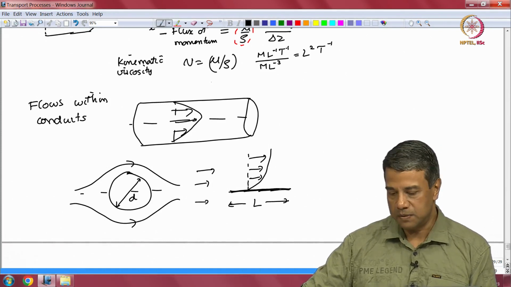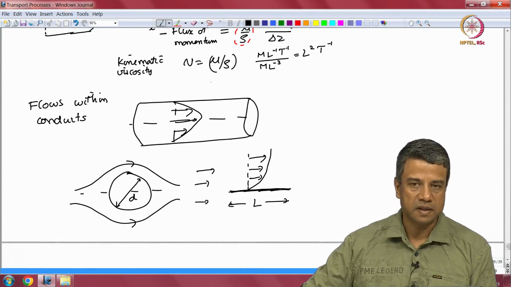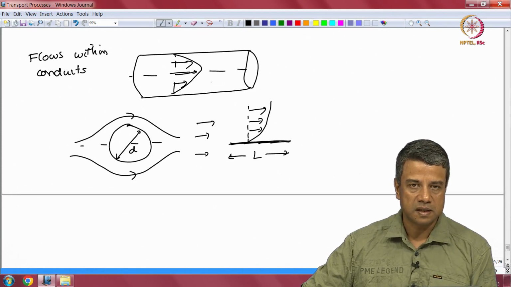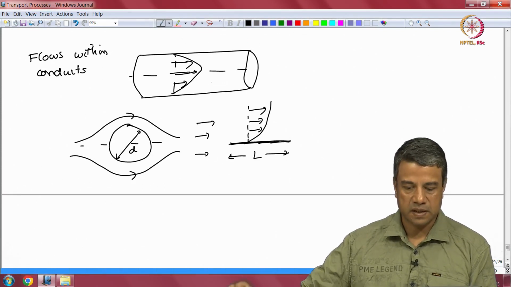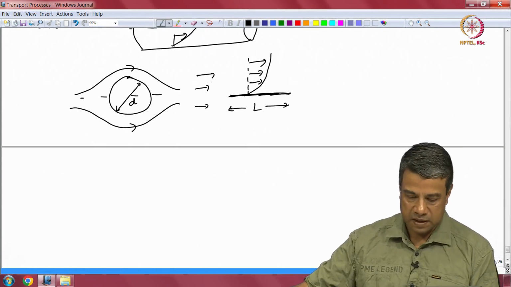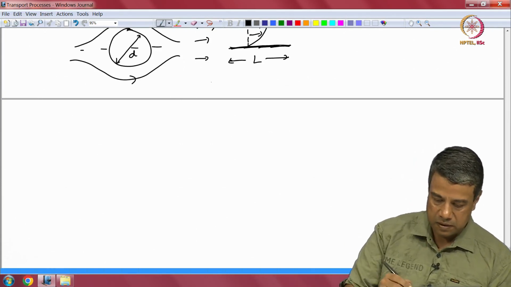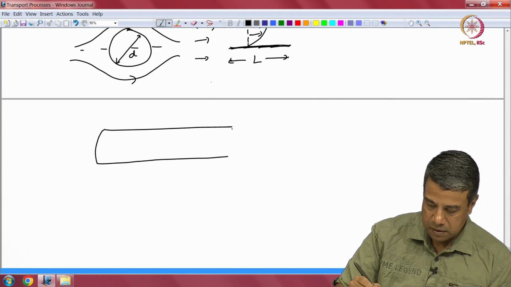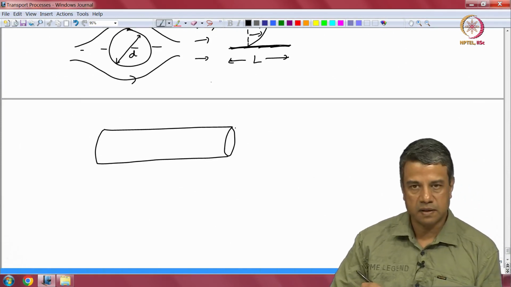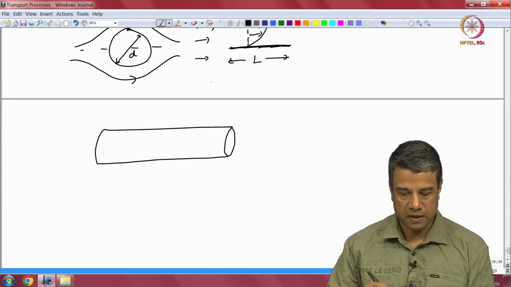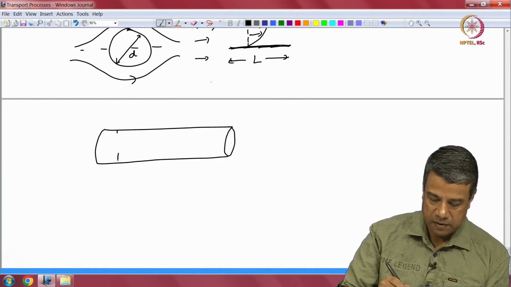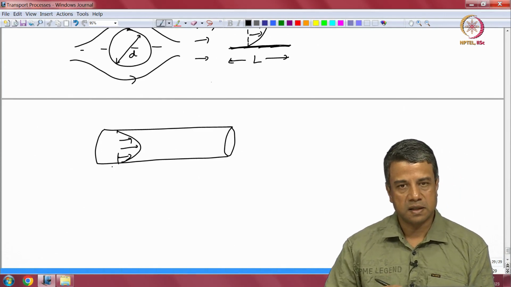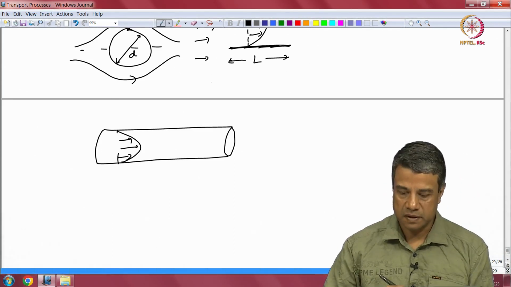And we were discussing for different kinds of configurations, what are these characteristic length and characteristic velocity. So, first thing, if I have a flow within a conduit, how would we define the characteristic length and the characteristic velocity for this conduit.